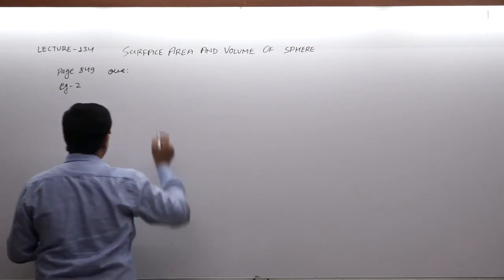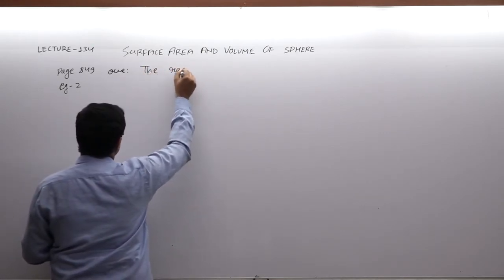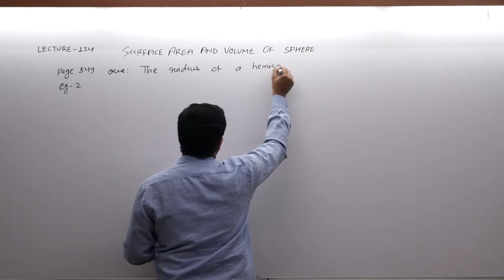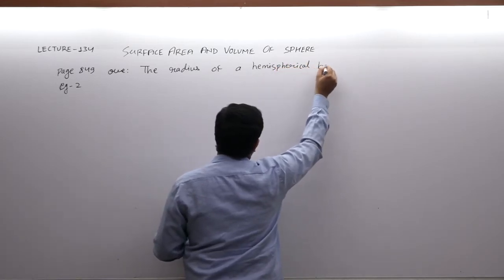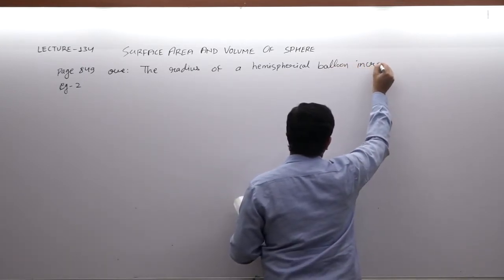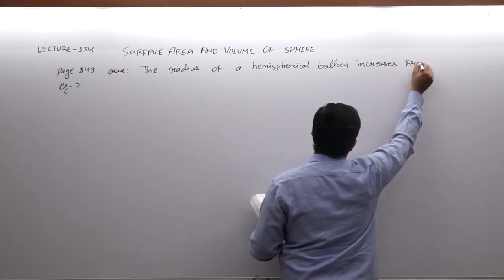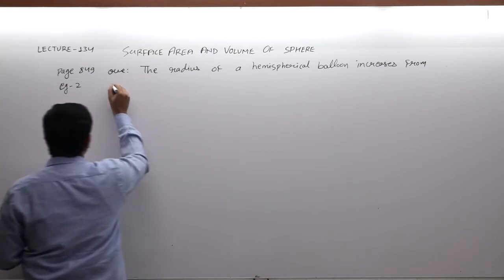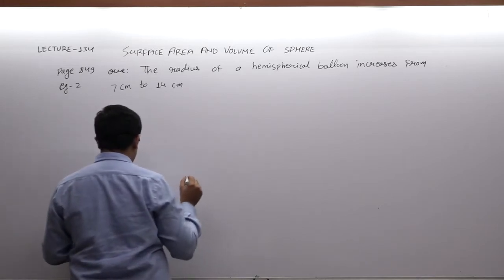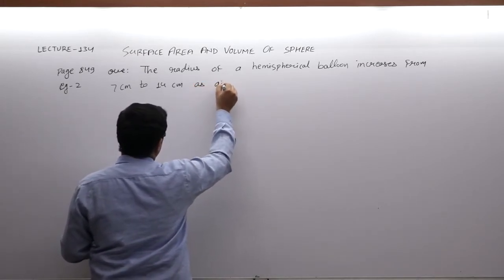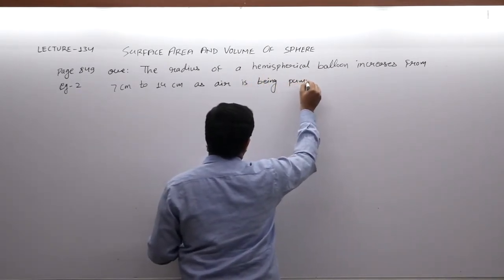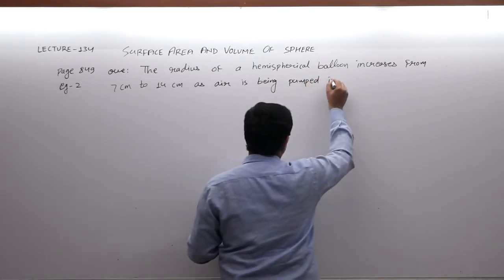The radius of a hemispherical balloon increases from 7 centimeter to 14 centimeter as air is being pumped into it.